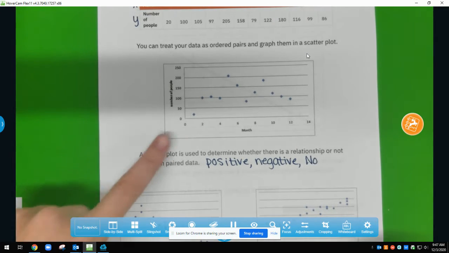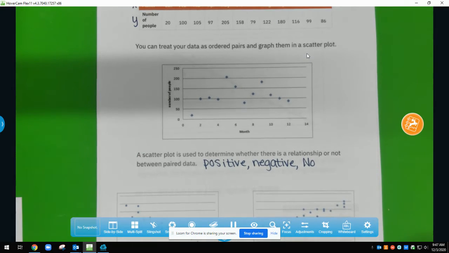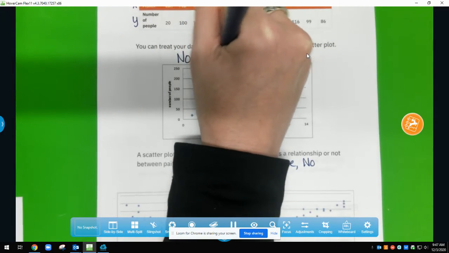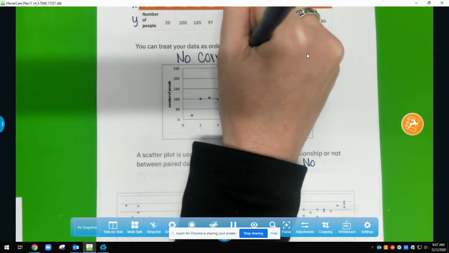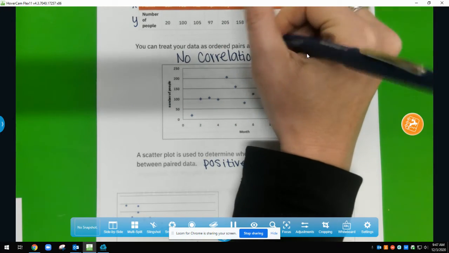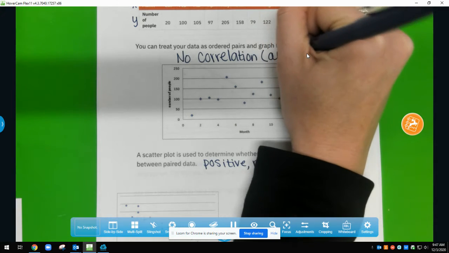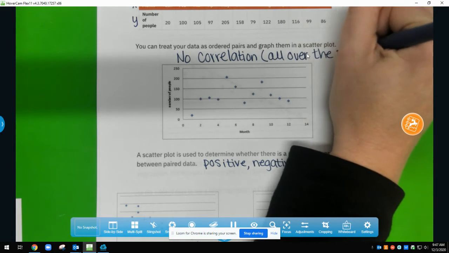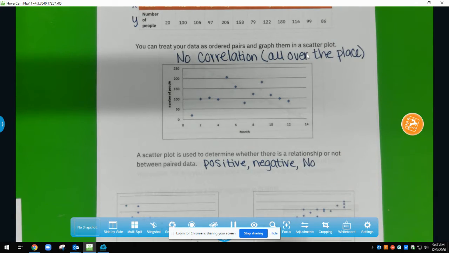Okay, so this first one up here is an example of no correlation because it's scattered all over the place. Okay, so it's all over the place. It's up, it's down, it's everywhere.